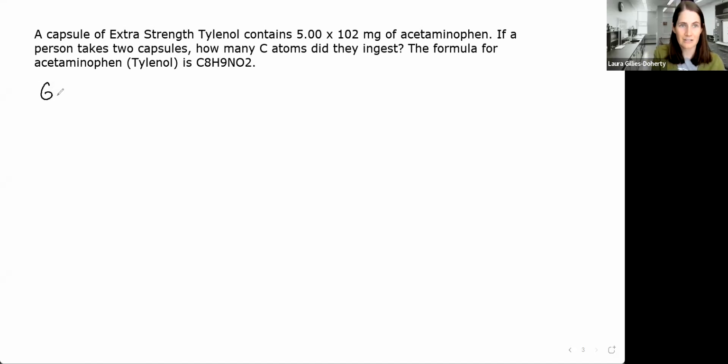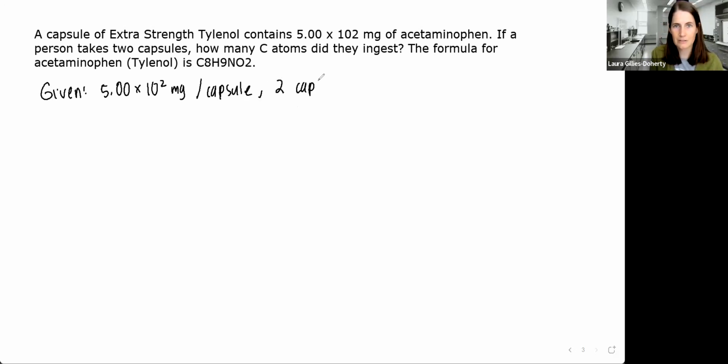So given 5 times 10 to the 2 milligrams per capsule, you're going to take 2 capsules, or the person, and we have the chemical formula, C8H9NO2.